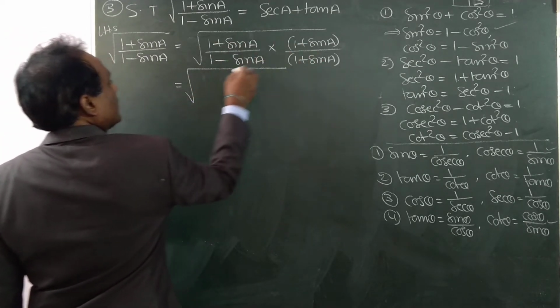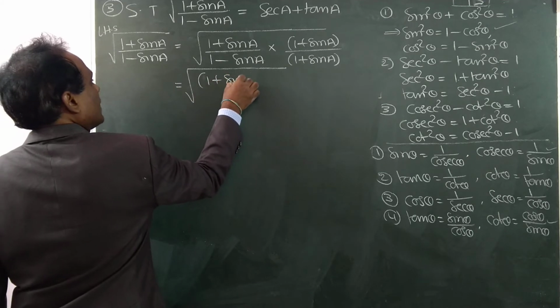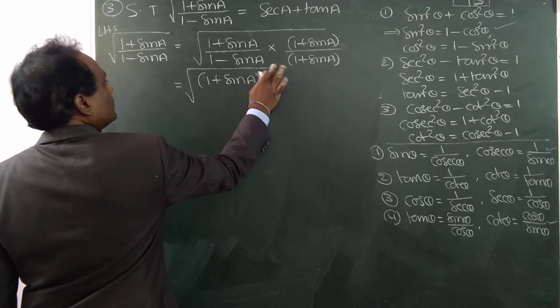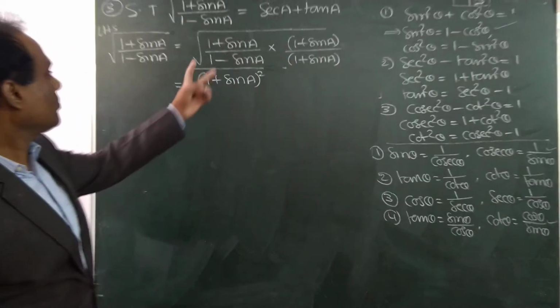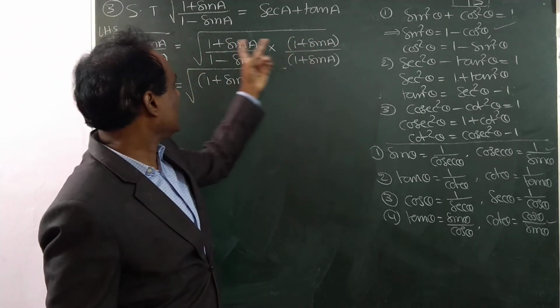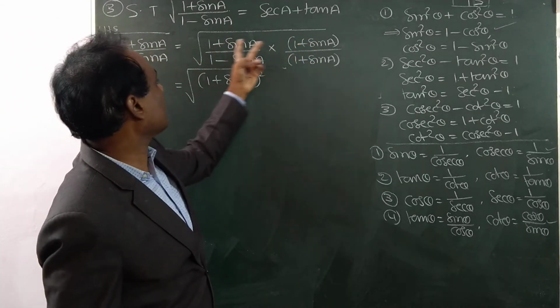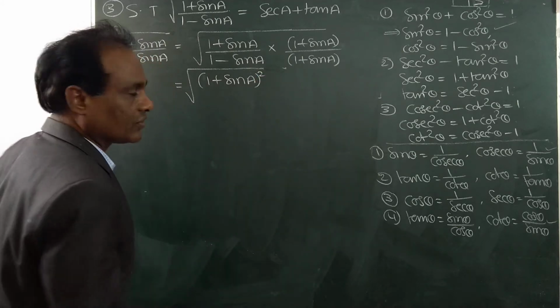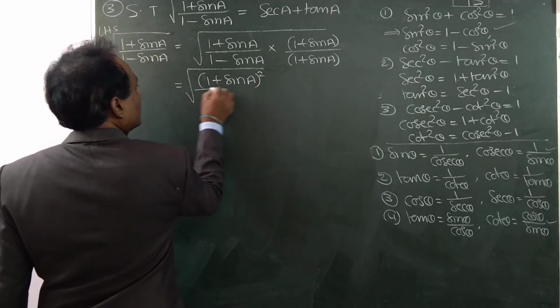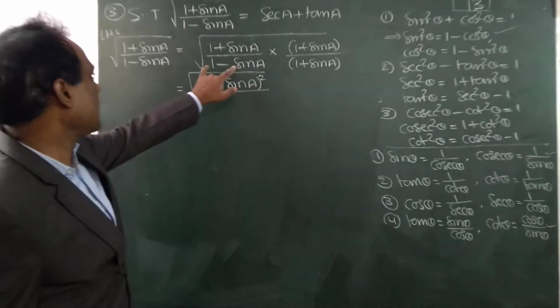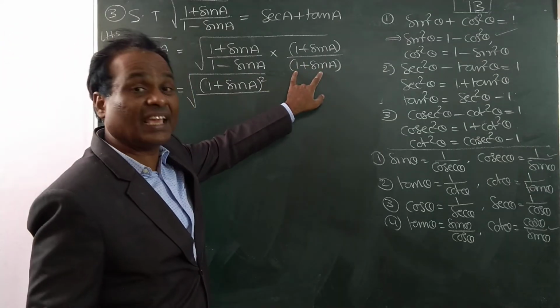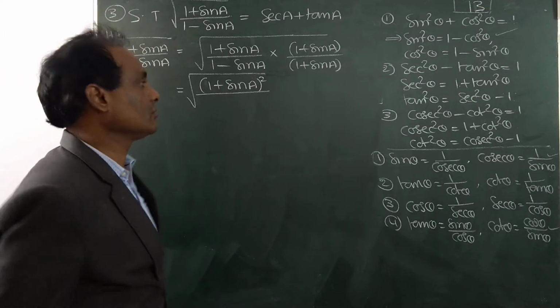1 plus sin A into 1 plus sin A, 1 plus sin A whole square, divided by the denominator. A minus B into A plus B is A square minus B square.